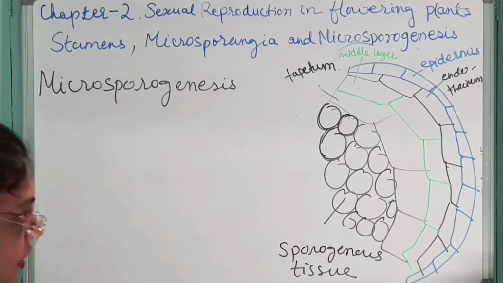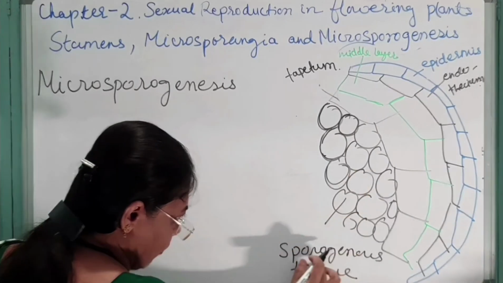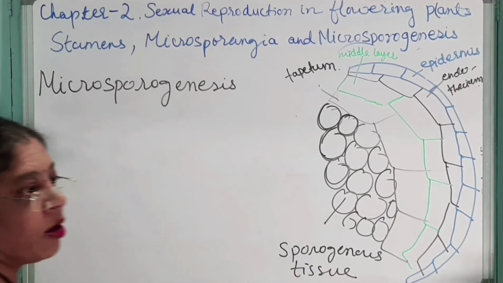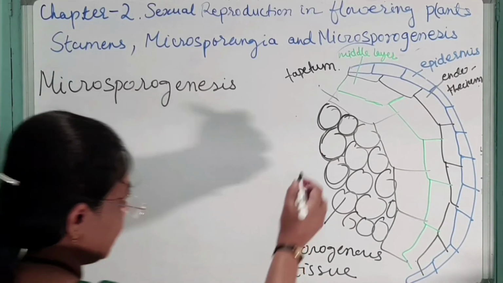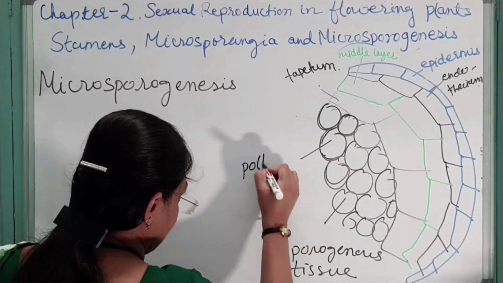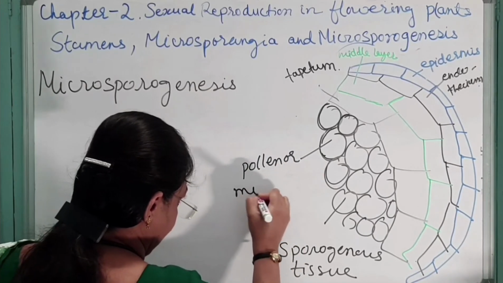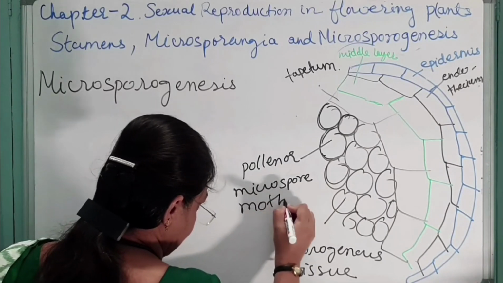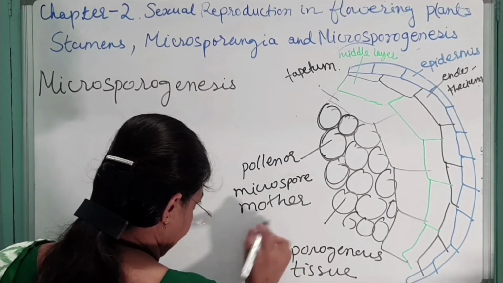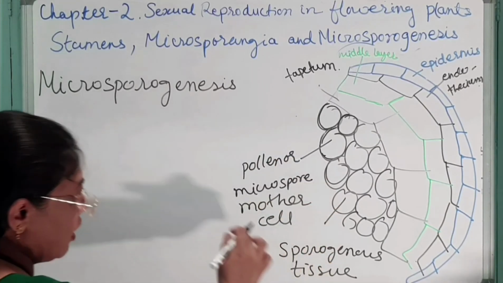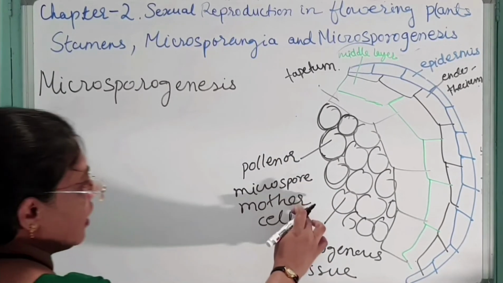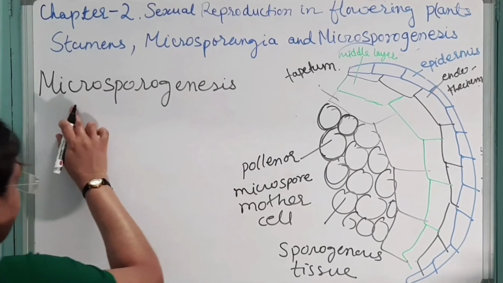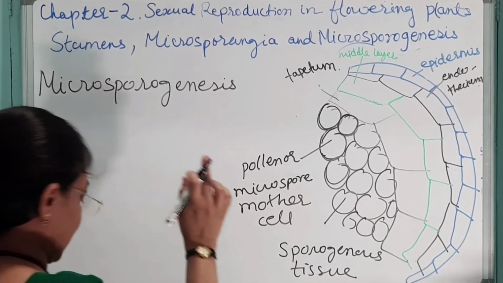As the anther develops, each cell of sporogenous tissue acts as a pollen or microspore mother cell, and these pollen or microspore mother cells undergo sporogenesis. So stepwise we will see how microsporogenesis takes place.